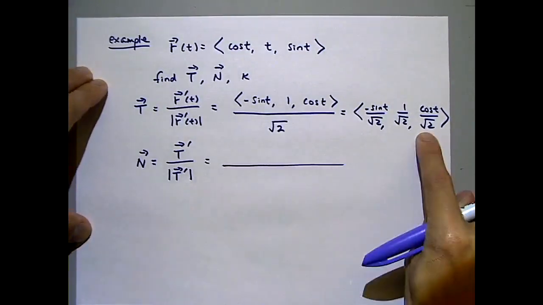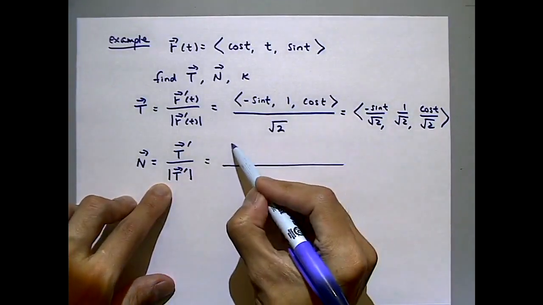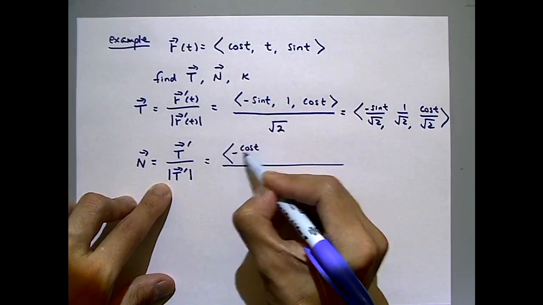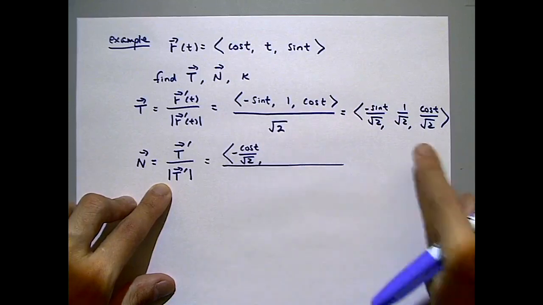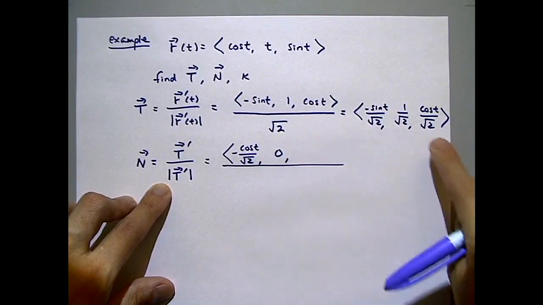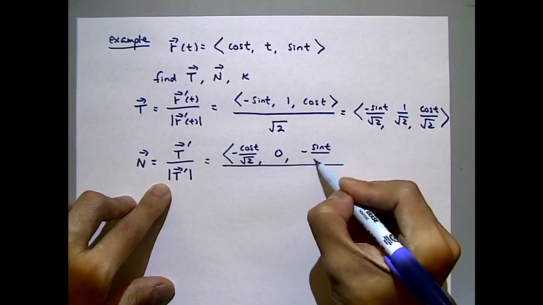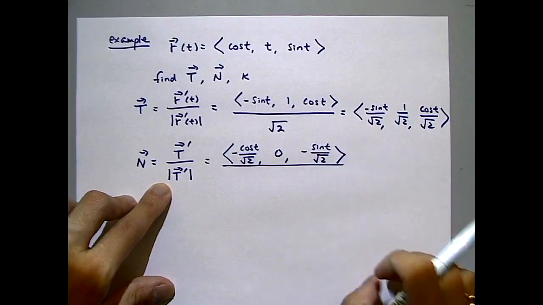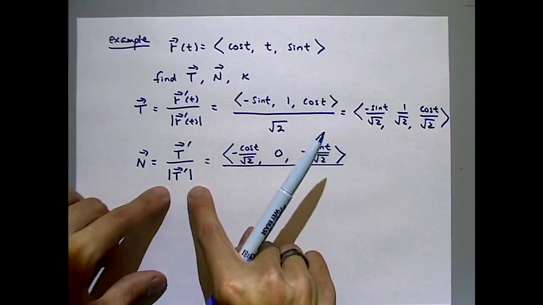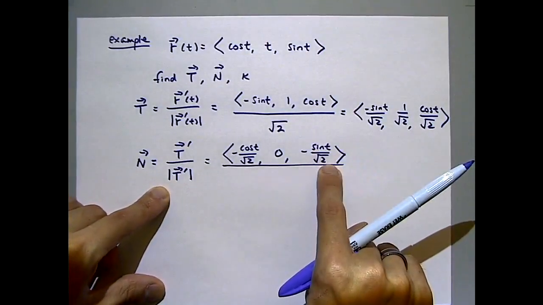All right, so big T is up here. Let's first take the derivative. The derivative of this is negative cosine over radical 2. Derivative of the y component, 0. Derivative of cosine over radical 2 is minus sine over radical 2. Over the magnitude of this: this square plus that square under the square root.